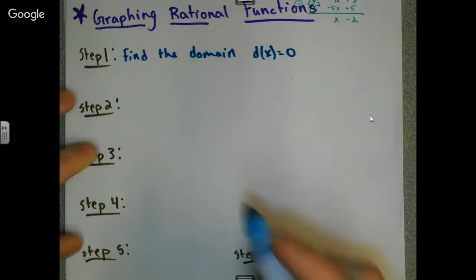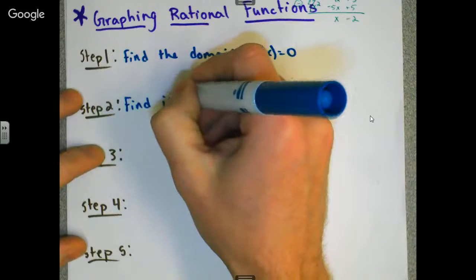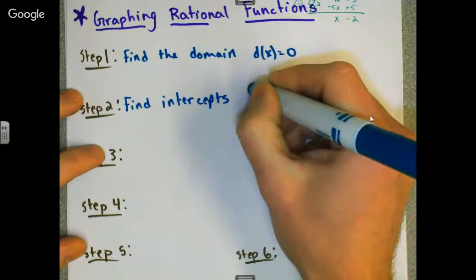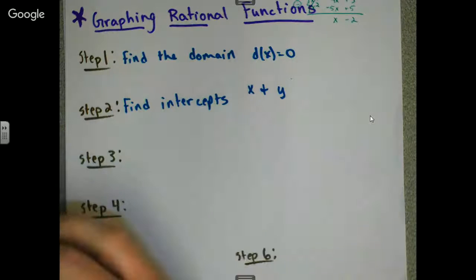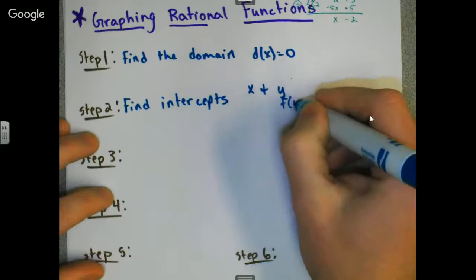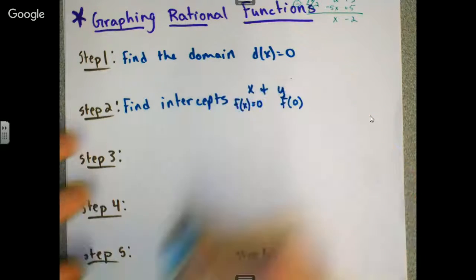Step 2 is find intercepts, that's x and y. For the y-intercept, we'll say f of 0. And for the x-intercept, that's where we set the whole thing equal to 0.